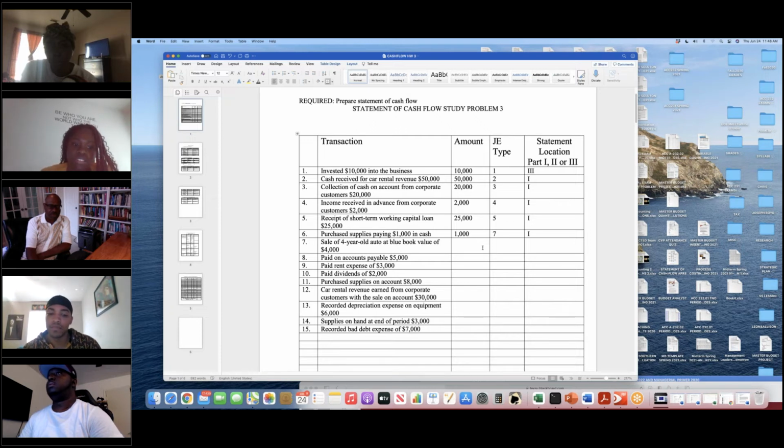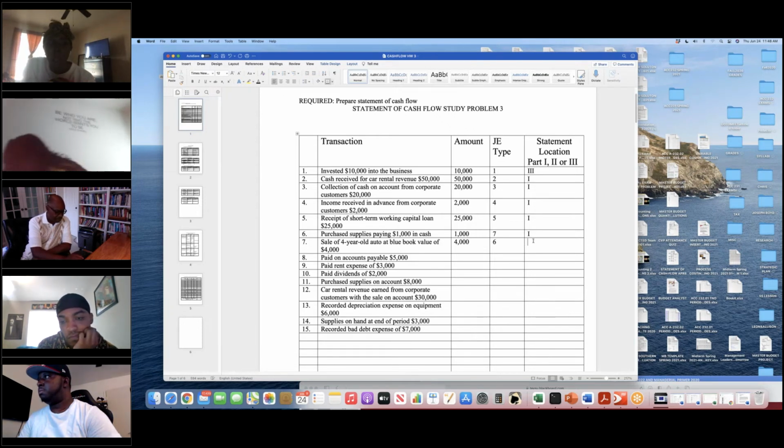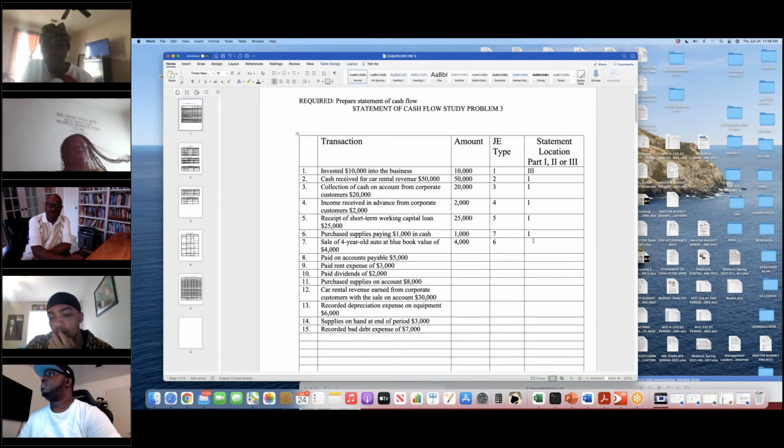That's going to be a long-term asset. That's going to be a type 6, and type 6 is going in part 2.